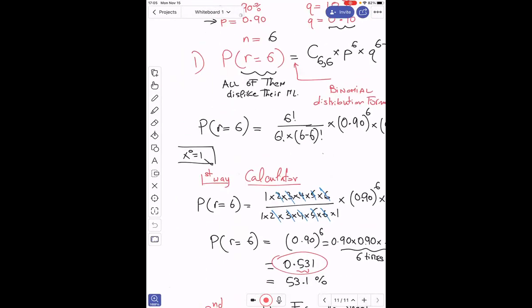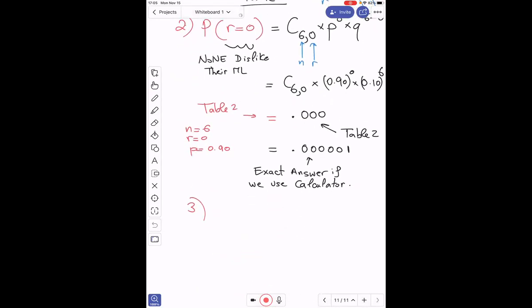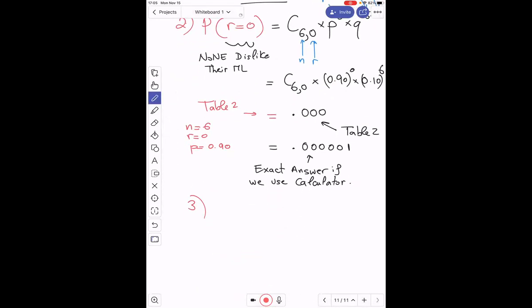So for number 3, we need the probability that R is 2. So exactly 2 of them dislike their mother-in-law. Okay, and then the answer here is N choose R. N is 6 again because we have a group of 6 married women.